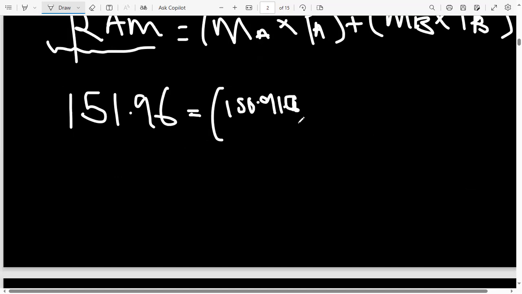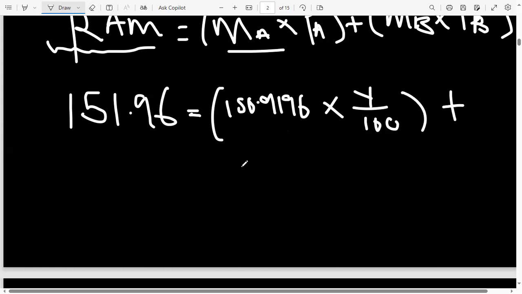So we have 150.9196 as the mass of the first isotope, multiplied by, we said this was y for the 151, so we use y there, y over 100.